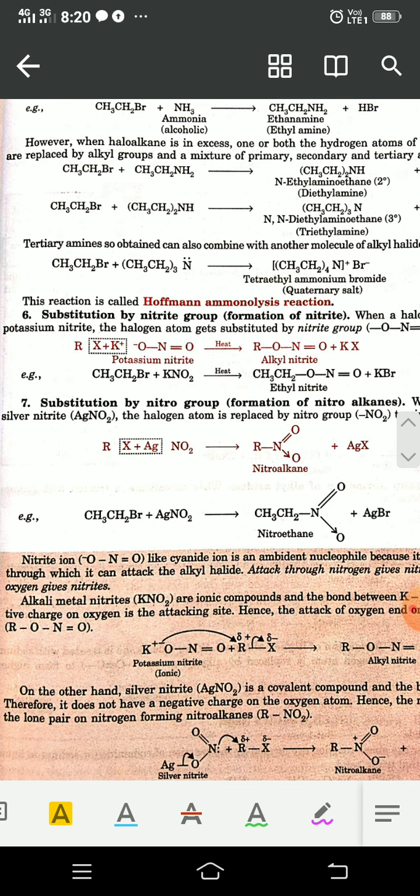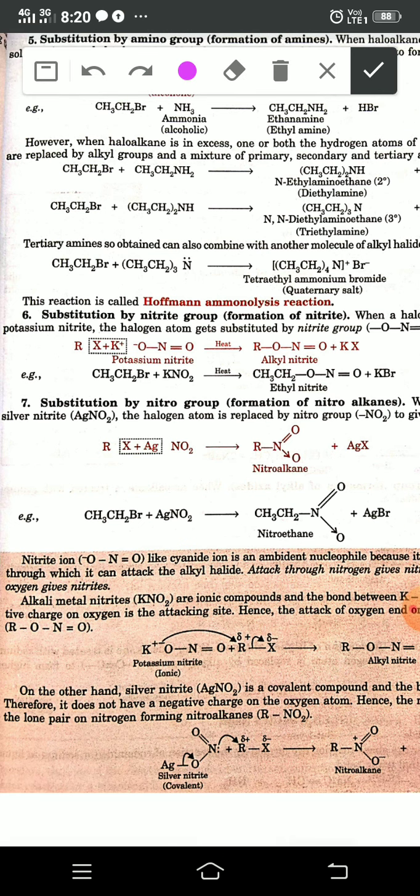nitroalkanes. Means in this case, nitrogen will get attached to the carbon atom which has the halogen atom. So this is the explanation. The matter is covalent bond and ionic bond. In the case of KCN, the bond between K and CN is ionic. But in case of AgCN, the bond between Ag and C is covalent.